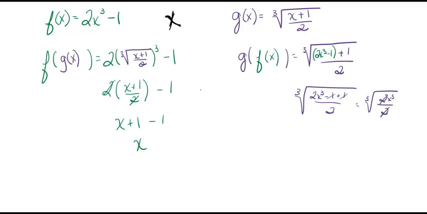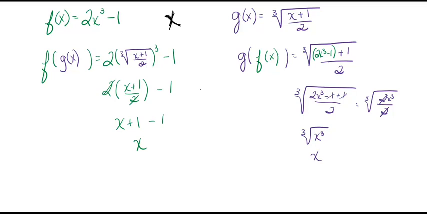And these two numbers also cancel each other out because they are inverses of each other. So I've got the cubed root of x to the third, and the cubed root of x to the third is just x. So you can see that both of these compositions of functions reduce down to the identity function. They both reduce down to x. Therefore, I can say that f of x is the inverse of g of x, or g of x is the inverse of f of x.